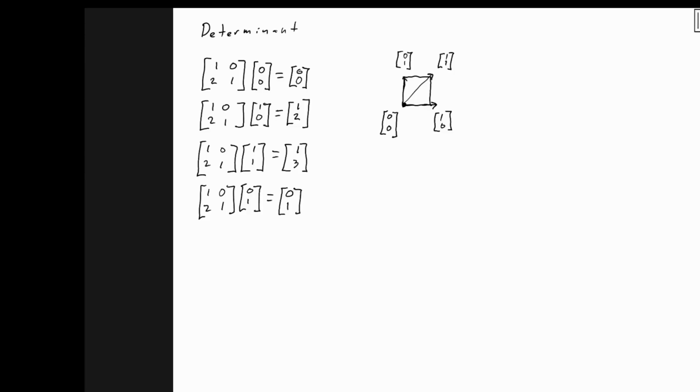Now, let's look at what happens to that square if I replace my vectors with the ones that I get by multiplying by the matrix. So my 0, 0 stays the same. My 1, 0 becomes 1, 2, which means I go over 1 and up 2.